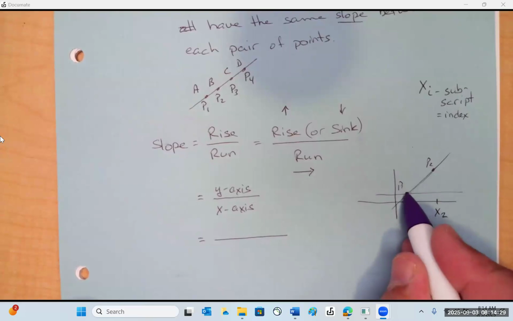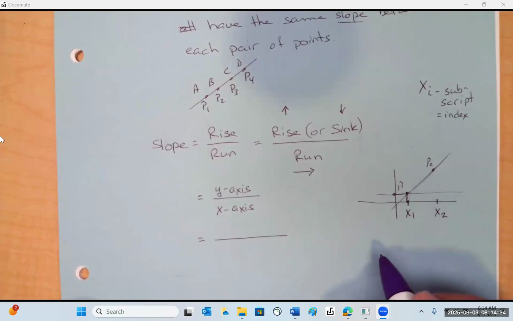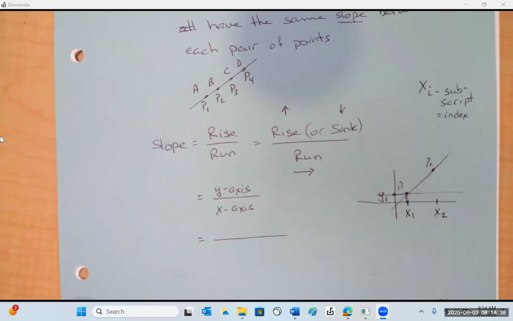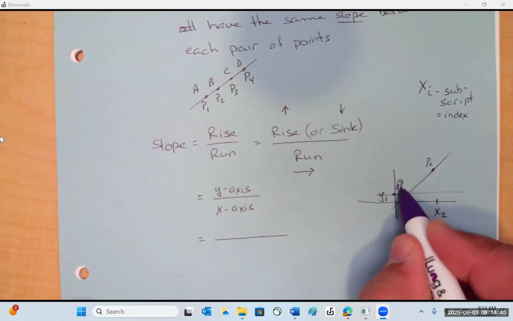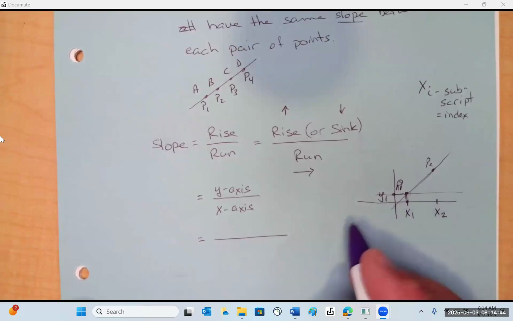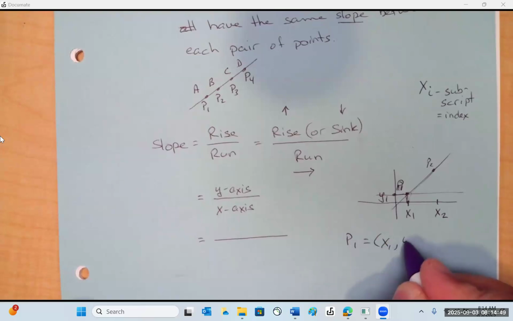So if this is the X value, what would this one be here? That would be Y1. Because this is my first point. This is point 1. Its X component is X1. So point 1 is made up of X sub 1, Y sub 1.